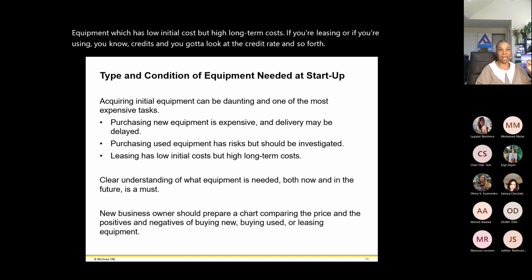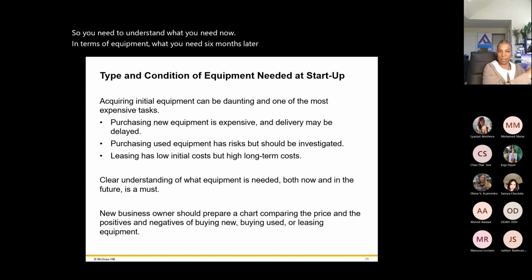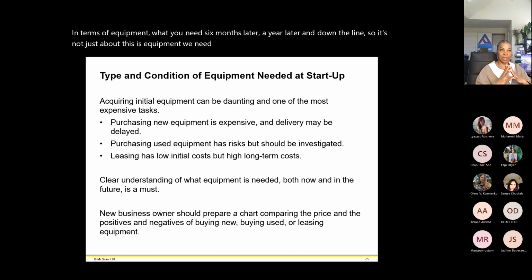So you need to understand what you need now in terms of equipment, what you need 6 months later, a year later, and down the line. So it's not just about the equipment we need today. Think about its life cycle, like what equipment do I need down the line?